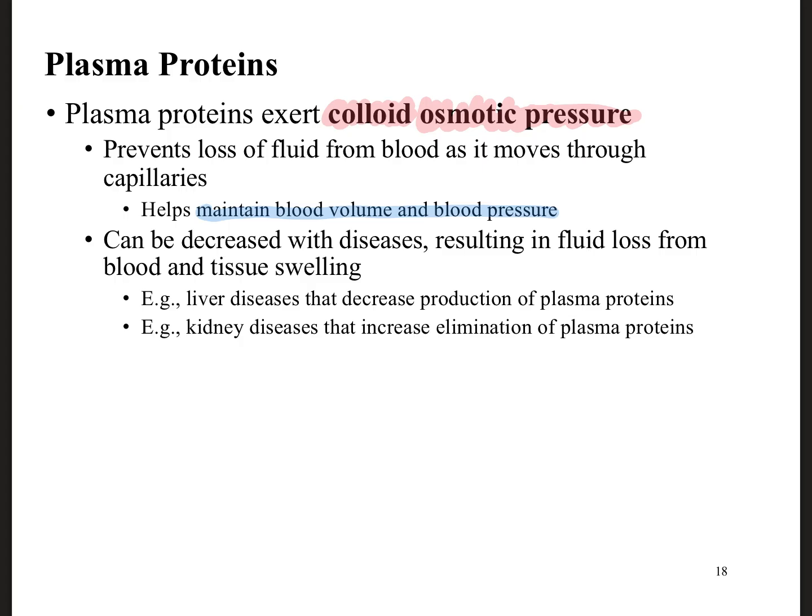You lose a lot of water and can lead to problems in blood pressure, etc. Okay? And then other kidney diseases that increase the elimination of plasma proteins. Diabetes is one, right? That's not necessarily a kidney disease, but with higher blood sugar, the kidneys start to secrete and excrete glucose from the blood. So they work overtime. With that also goes fluid from the blood and some of the plasma proteins that go with it.